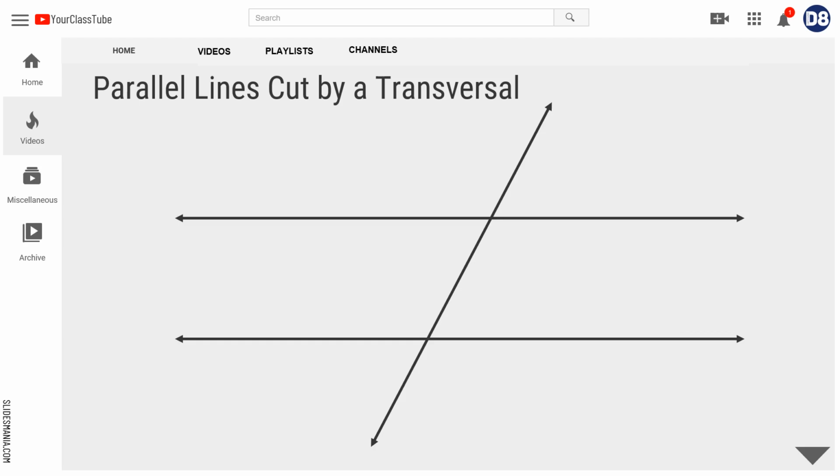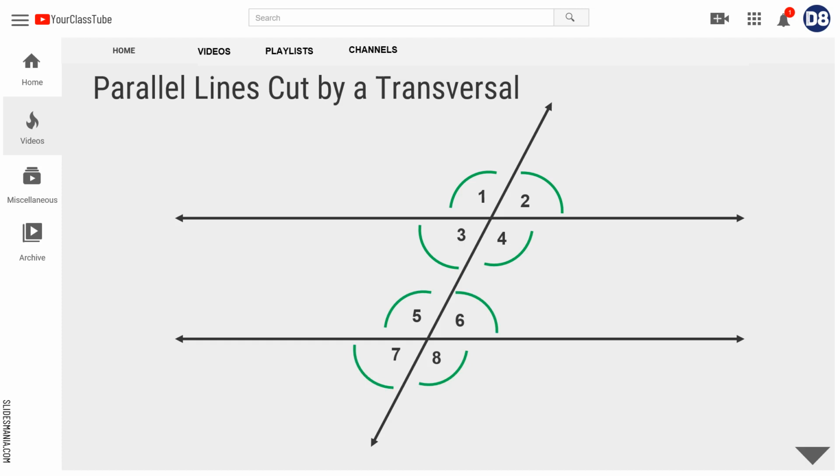Another thing to notice is that if we have parallel lines cut by a transversal, we form a lot of angles. Let's name those angles. I named the angles on this side as 1, 2, 3, and 4. But wait, there's more. Because we have two parallel lines, there are also angles below.